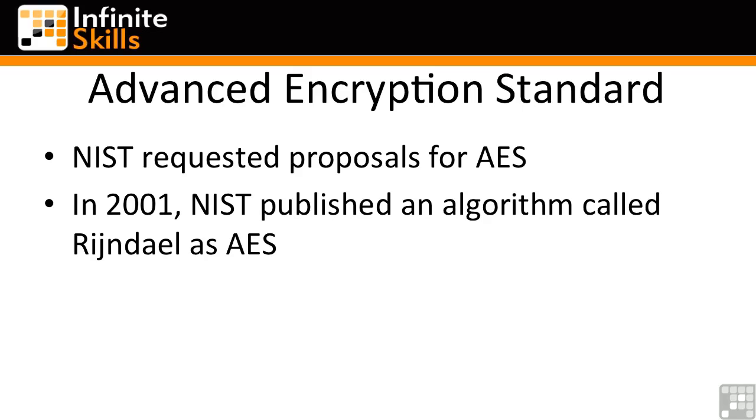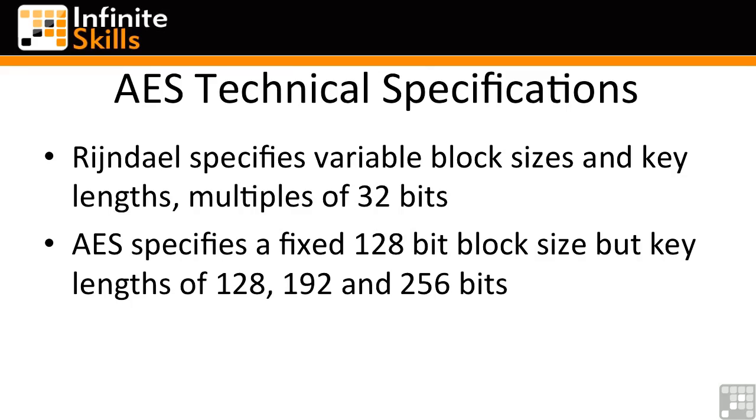So this algorithm that was originally called Rijndael was published by NIST as the Advanced Encryption Standard. Some technical specifications about AES. The original Rijndael algorithm specified variable block sizes and key lengths, and as long as those block sizes and key lengths were multiples of 32 bits, so 32, 64, 96, and so on, you could use those block sizes and key lengths.